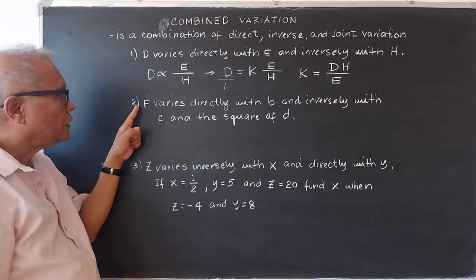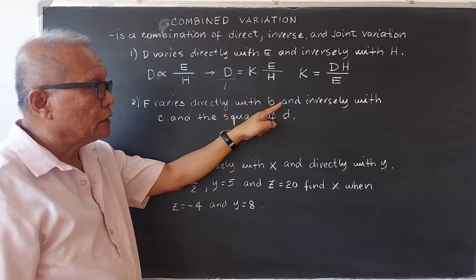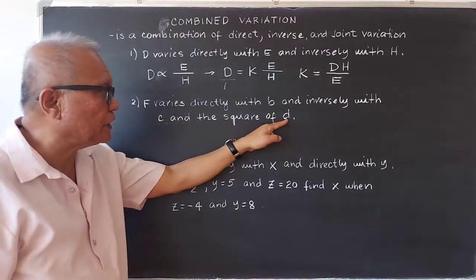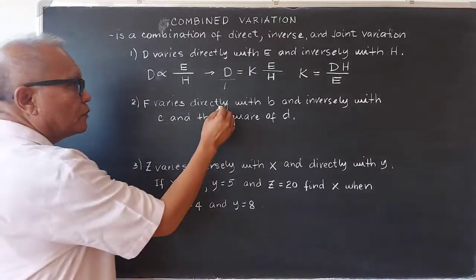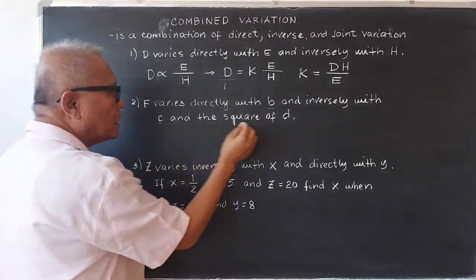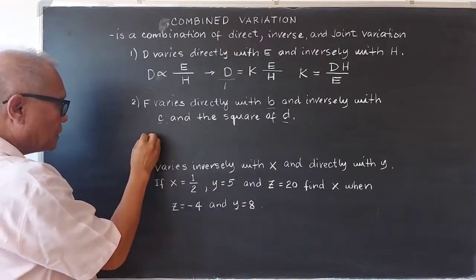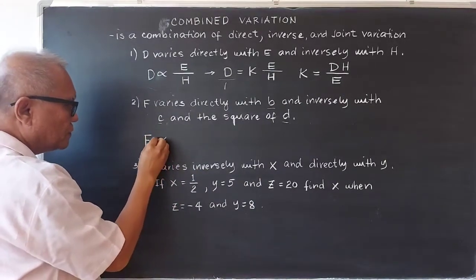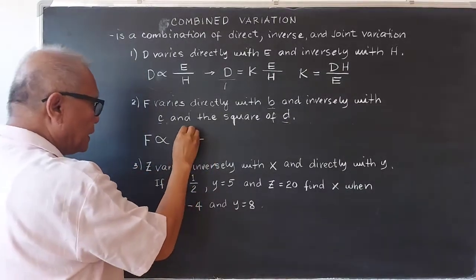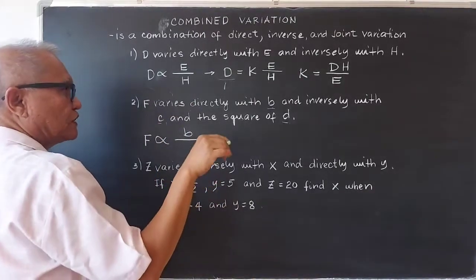Number two, F varies directly with B and inversely with C and the square of D. So we have direct B only, inverse is C and D. So in simple class, we have F symbol varies with B up, because directly is up, and inversely is down.